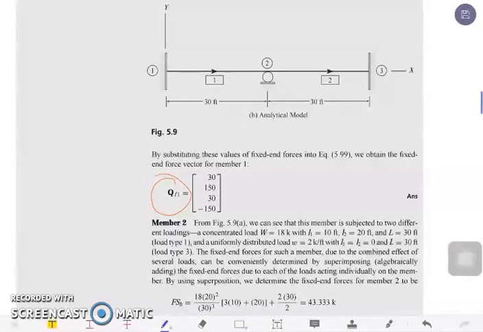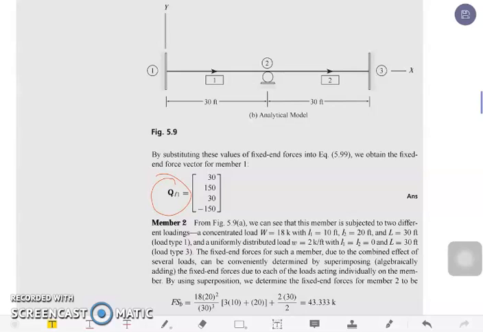In matrix form, you have F sub S at the beginning is 30, F sub M at the beginning is positive 150, F sub S at the end of the member is 30, and F sub M at the end of the member is negative 150. So we have now identified our Q's of F1, the member fixed end forces for member 1. Now we move on to member 2.